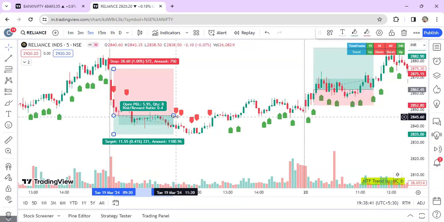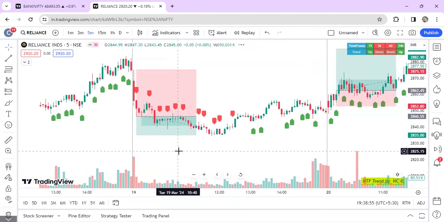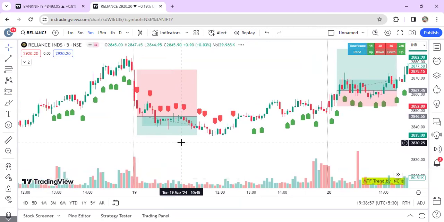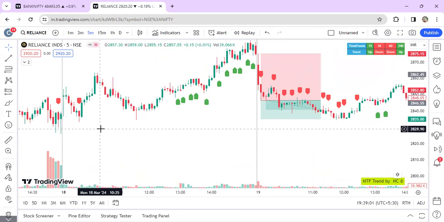So that is almost 2.5%, more than 2.5%. 2.5% intraday is not that bad. People cannot earn 2.5% in a month. Okay, so it's really very good.